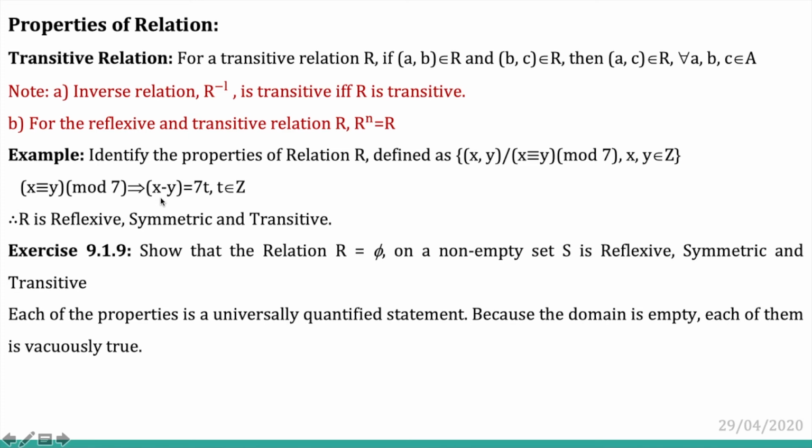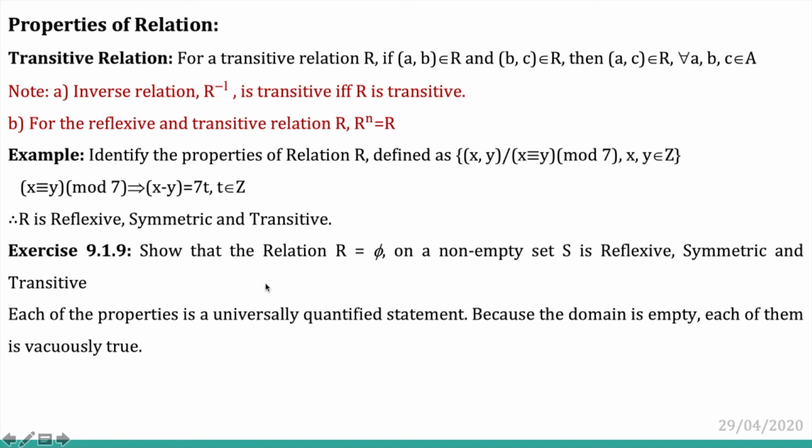The relation is symmetric because whenever x minus y is divisible by 7, y minus x is also divisible by 7. The relation is also transitive because whenever x minus y is divisible by 7 and y minus z is divisible by 7, that inherently means that x minus z is divisible by 7.